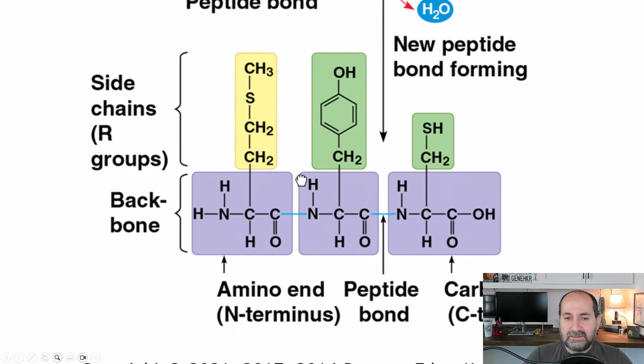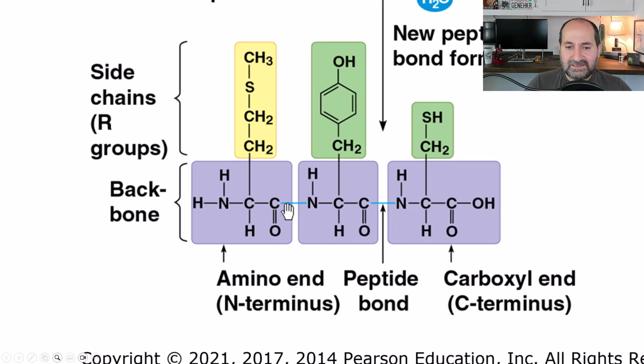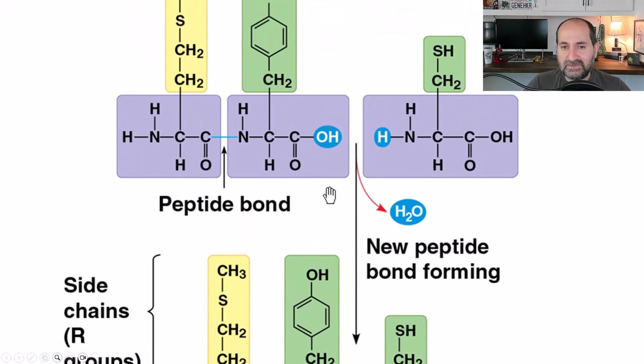When I linked these amino acids together, notice that it's the backbone that actually links together with peptide bonds, right? So the carboxyl group on this amino acid linked to the amino group on the next amino acid. So it's really the backbone that's being linked together with peptide bonds.